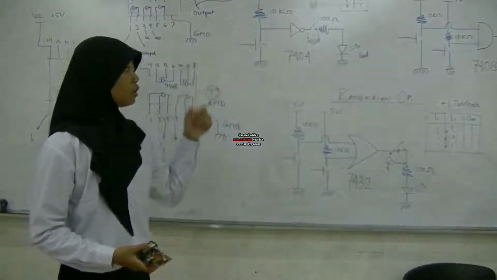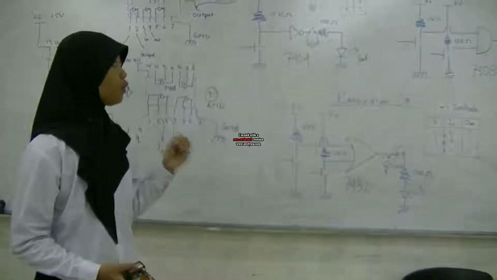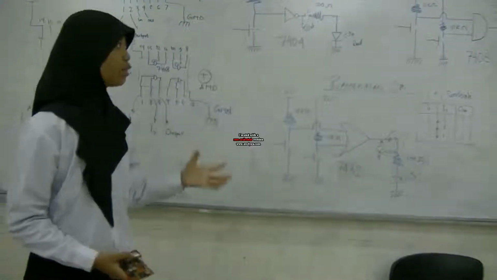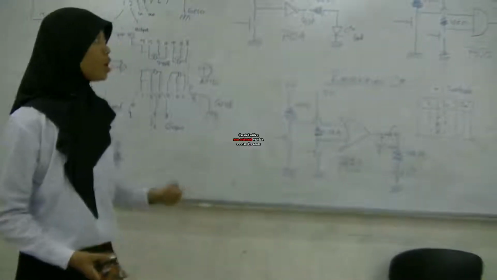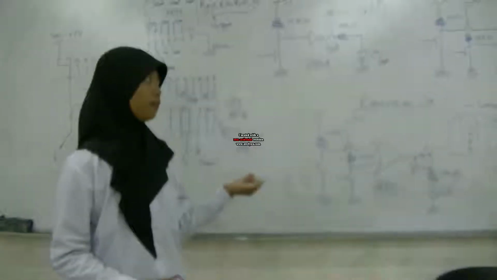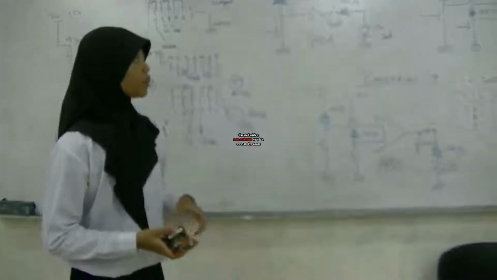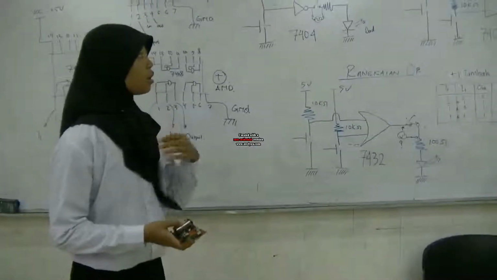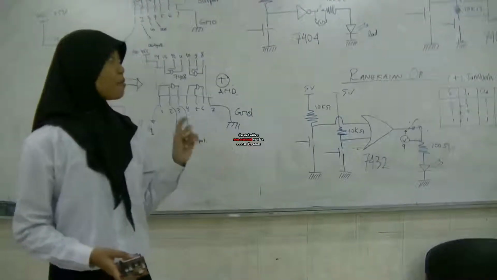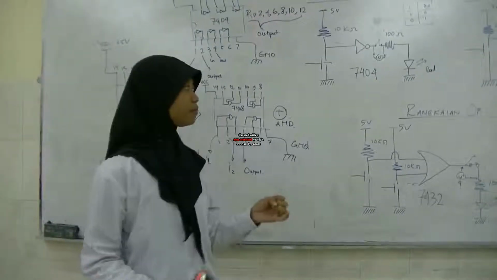And now when we give the first input and the second input high, we will get the output high. This is because, in logic, high plus high equals high.